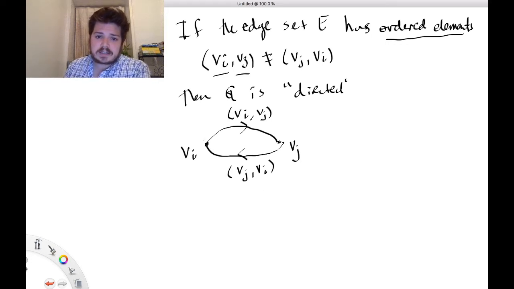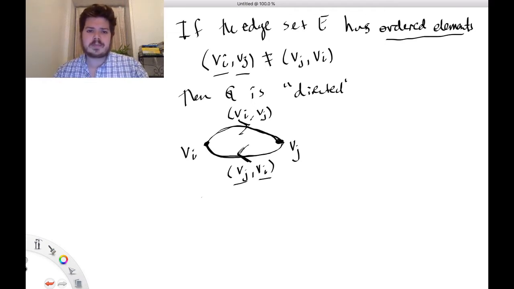So this edge is coming from Vi and pointing towards Vj, so we draw an arrow this way. And then Vj over here to Vi will be denoted by an arrow this way. So this is Vj and then Vi. Generally for this series, we'll be considering non-directed graphs. So it doesn't matter how I order the vertices in an edge, and we generally won't be drawing arrows. But for some things, we might bring it up.